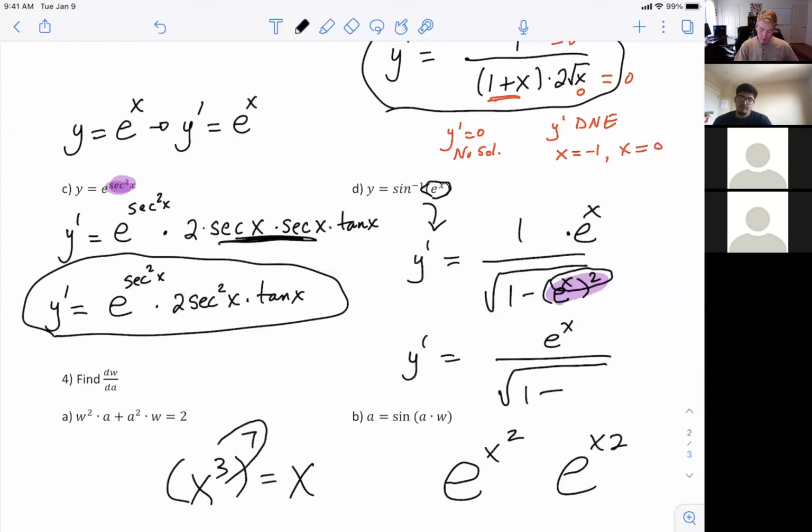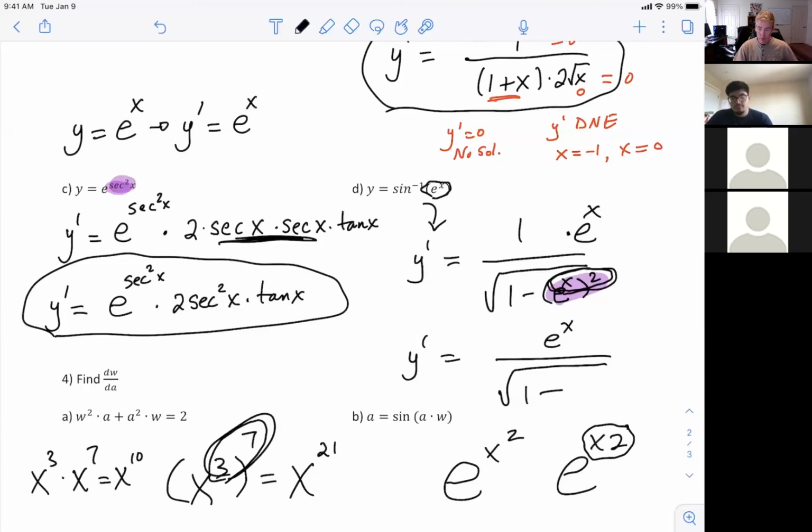So when it's a power raised to a power, you multiply those two. If it was x to the third times a different x to the seventh, then that would be x to the 10. But when it's a power raised to a power, you multiply. Okay. So that means that these two should be multiplied, so it should be 2x.